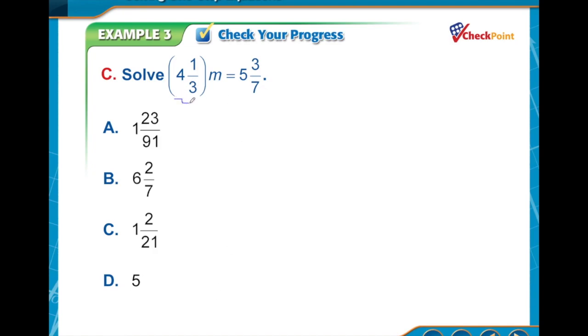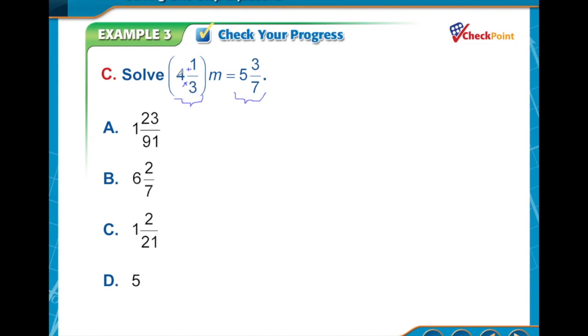This is written as a mixed number in such a way that we can't do any meaningful division. We need to rewrite it as an improper fraction. So if you remember how to do that, we multiply the denominator by the whole number, and then we add what's in the numerator. That tells us how many thirds make up 4 and 1/3.